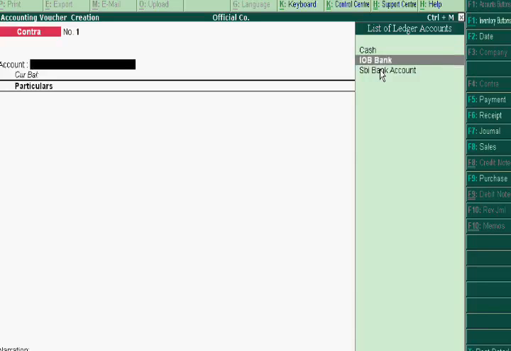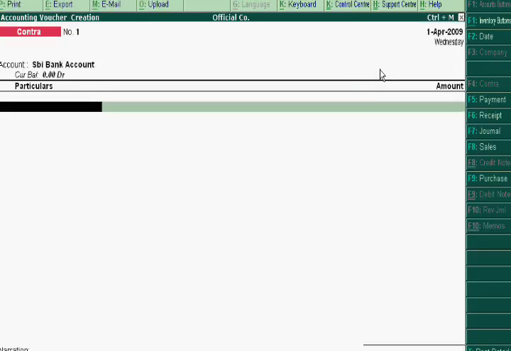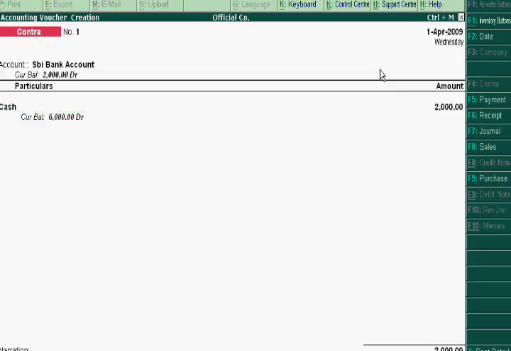In this voucher entry, suppose we deposit money of 1000 in SBI account, so write it here. And we are depositing cash, so write here rupees 2000 we are depositing. Narrate it and accept it.